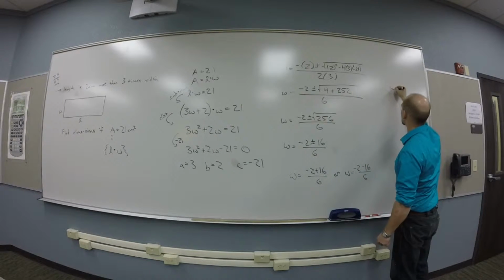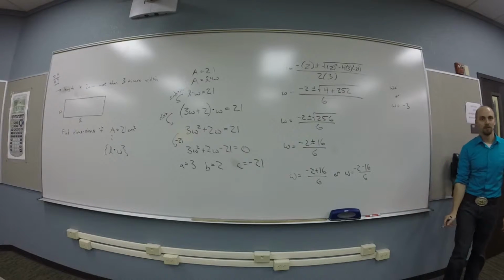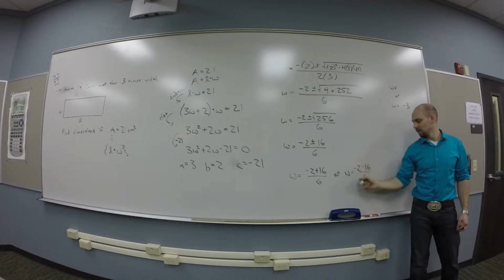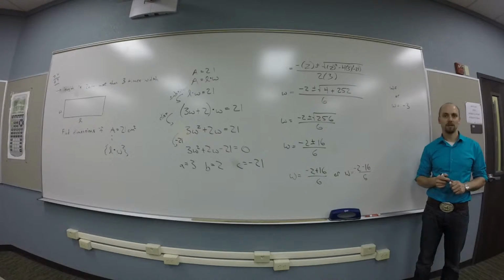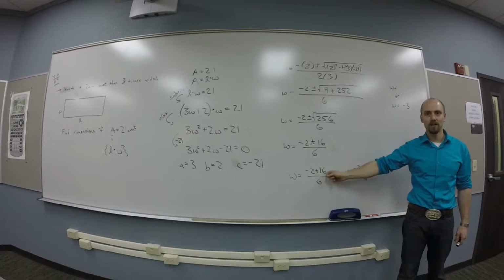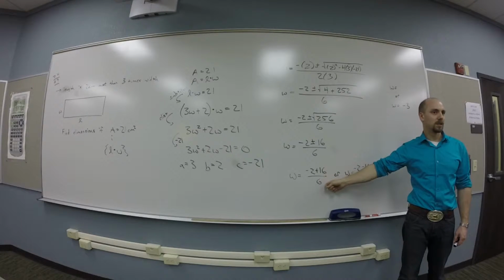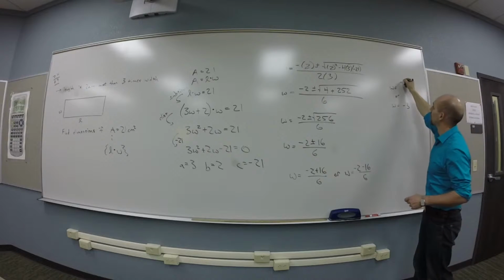So W is negative 18 over 6, which is negative 3. And this guy is something inconvenient, right? 14 sixths gives me 7/3, and I can't reduce anymore.